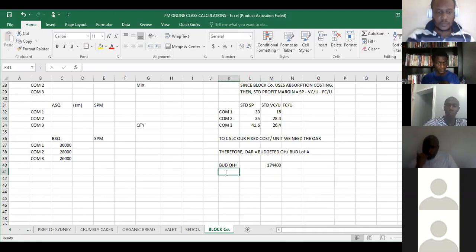Will be equal to, for all of them. So they said they use 0.2, 0.6, 0.8.